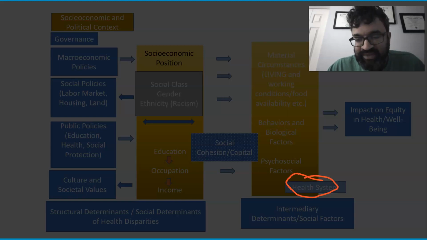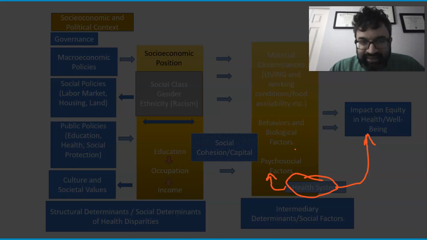If the health system is in good shape, then the idea is that it will start to improve some of these intermediary determinants, such as psychosocial factors, behavioral factors, etc. And I apologize for the slight dark screen, but if it improves, then you can also improve impact on equity in health and well-being.